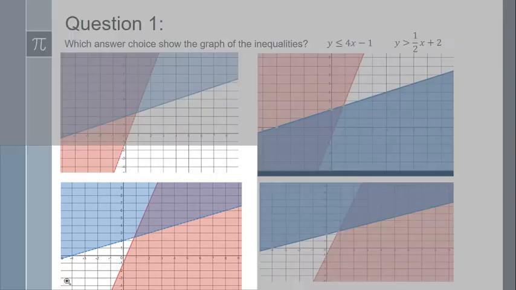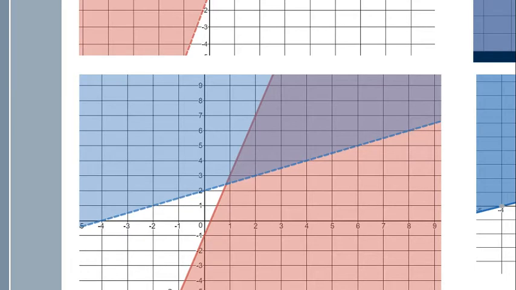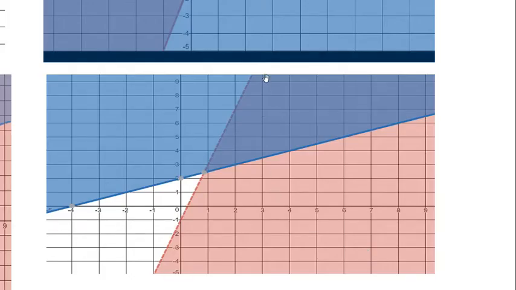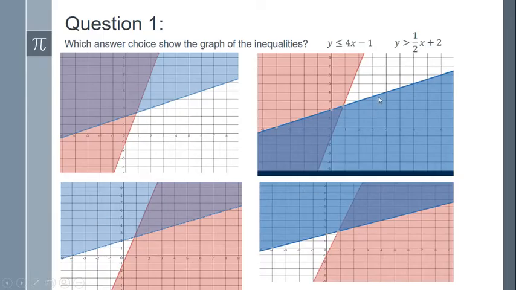And if you look at the third graph here, we also have a solid line for that red line, like we know that it should be. So maybe that's an option. But in this last one, the first inequality, represented by this line here, is dashed. I know that it should be solid, so it can't be that option. And so now we're looking at one of these two.